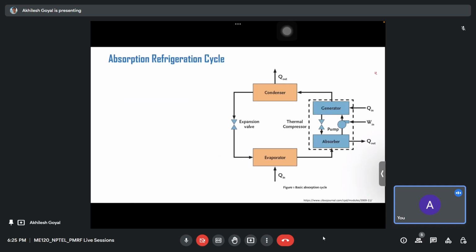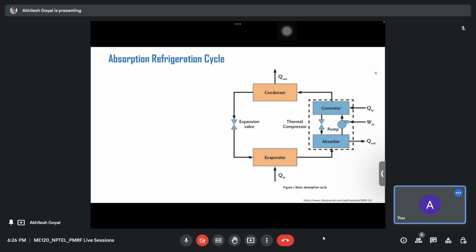In the absorption refrigeration cycle, there is a condenser, expansion valve, evaporator, but in place of the compressor there is a generator and absorber. So the compressor is replaced by the absorber and generator assembly.